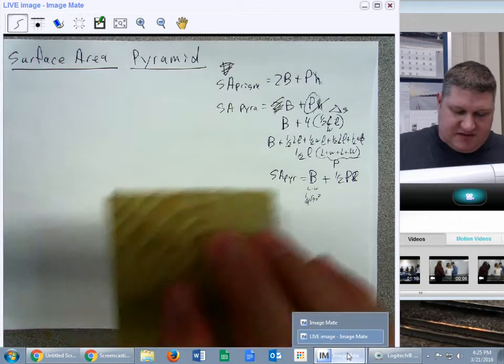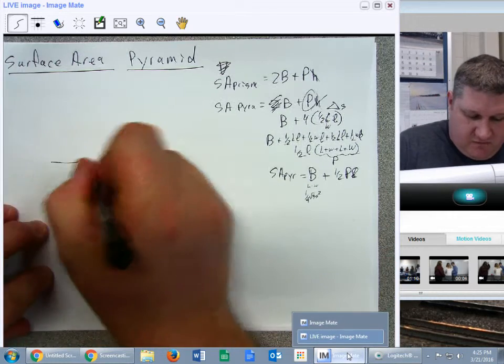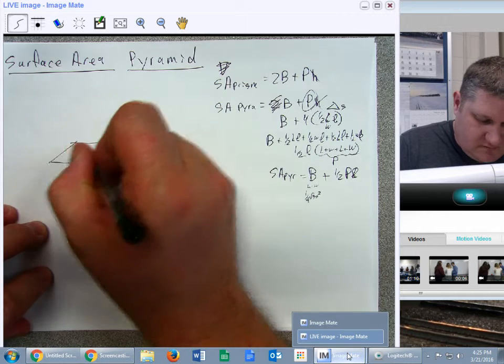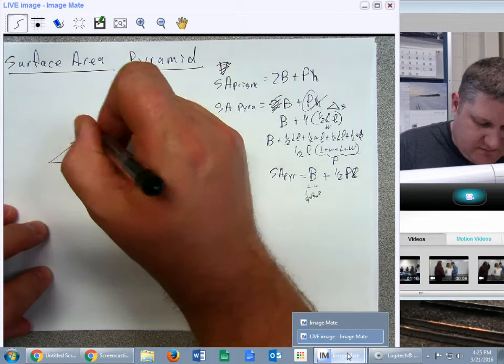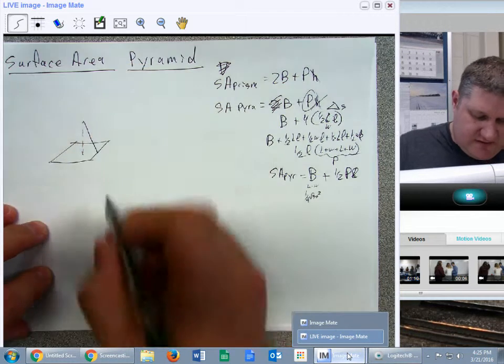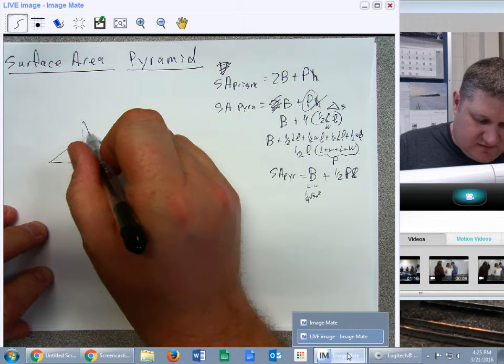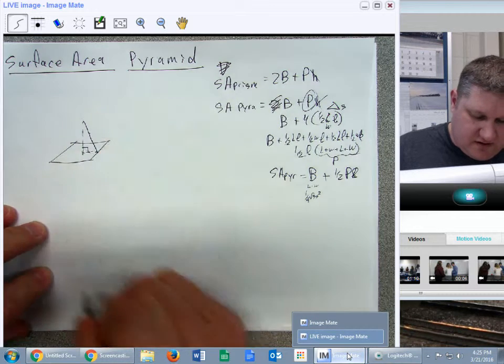So in our case, here's what I have. I have a square pyramid with a height down the middle and a length down the edge. See, there's that length. See, side of a triangle, side of a triangle, side of a triangle I was talking about.